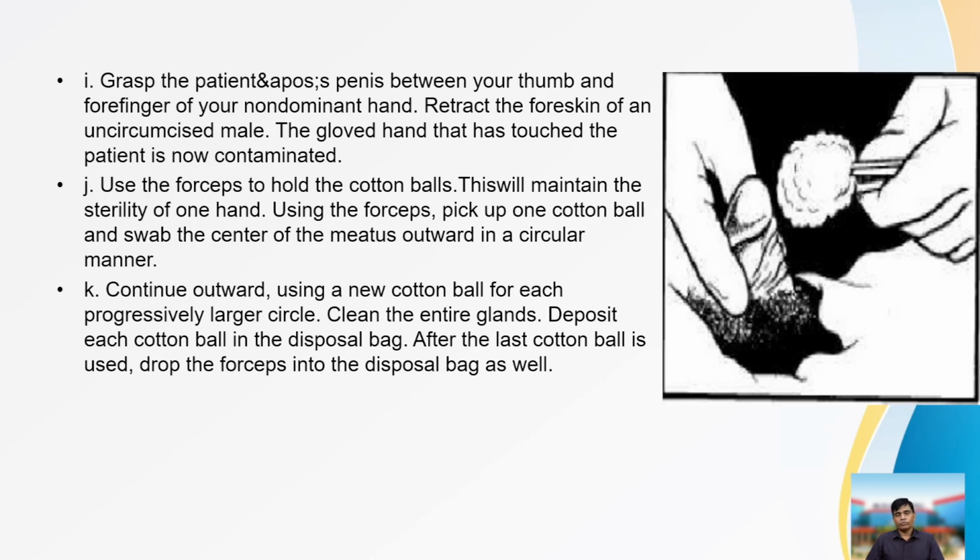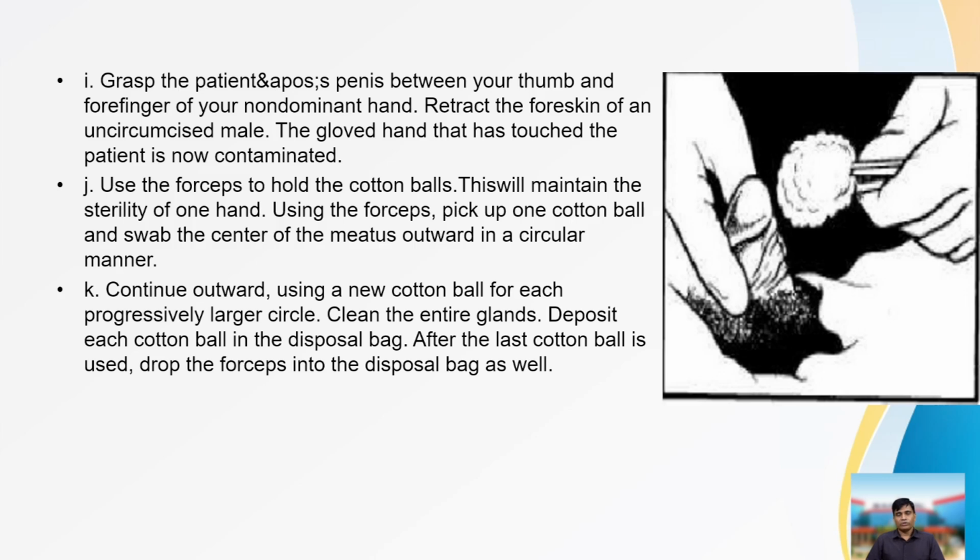Use the forceps to hold the cotton ball. This will maintain the sterility of one hand. Using the forceps, pick up one cotton ball and swab the center of the meatus upward in a circular manner. The cleansing should be properly maintained according to this procedure.